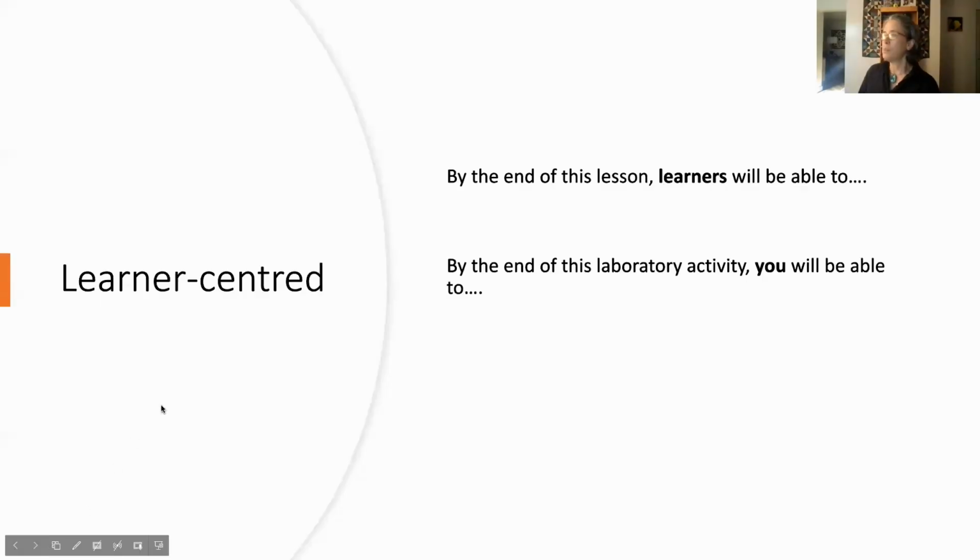So here's some examples. By the end of this lesson, learners will be able to, so we're addressing the learner. We're telling them this is where we hope you'll be at the end of this lesson. An engaged student who's involved and participates in the class. This is where they'll be at the end of the laboratory activity or the end of the lesson.